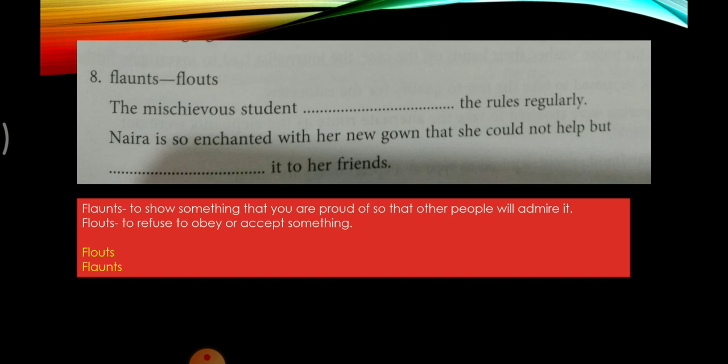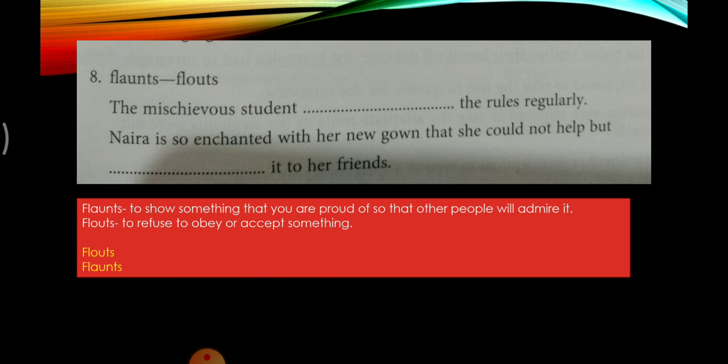Next, flaunts and flouts. Before moving ahead to the meanings, I would like to tell you that both flaunts and flouts are used for the third person. Only flaunt or only flout can be used for first or second person, but flaunts or flouts is used for the third person. Flaunts means to show something that you are proud of so that other people will admire it.